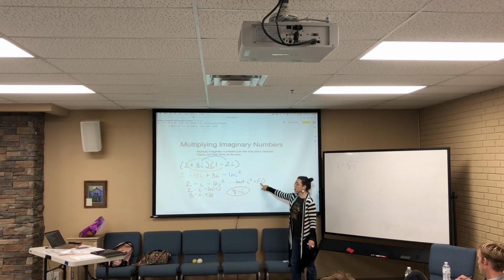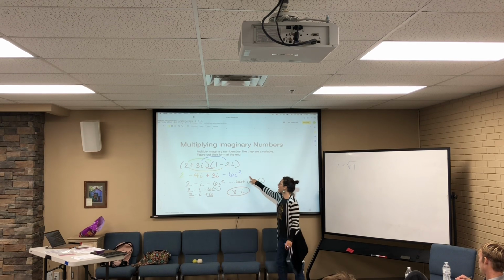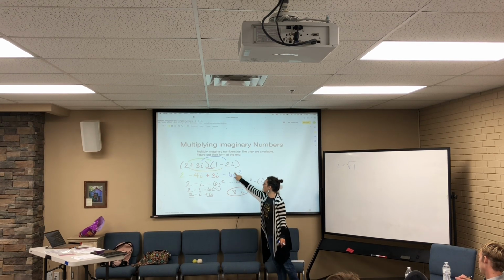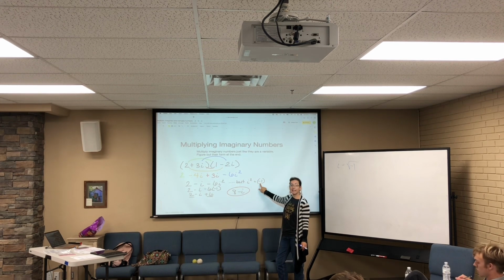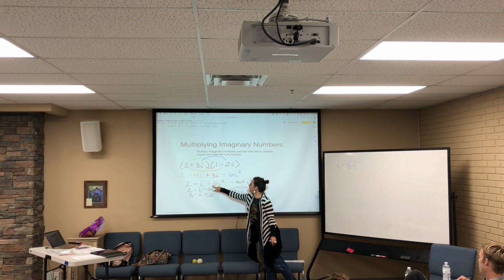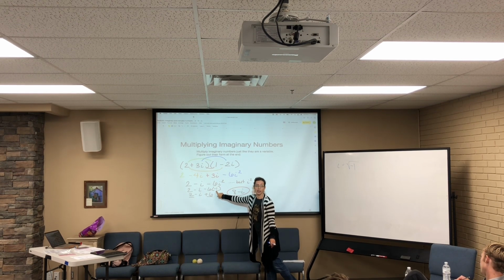I know that i squared is equal to -1. So anytime I see i squared, I need to replace it with -1. So now instead of it being -6i squared, it's actually -6 times -1, which gives me a +6.